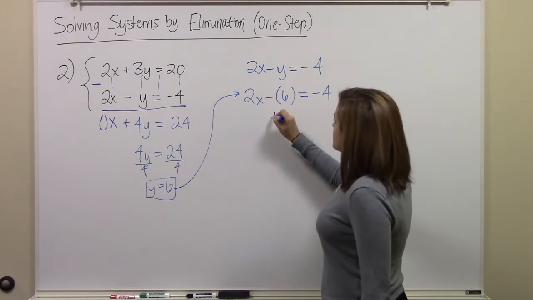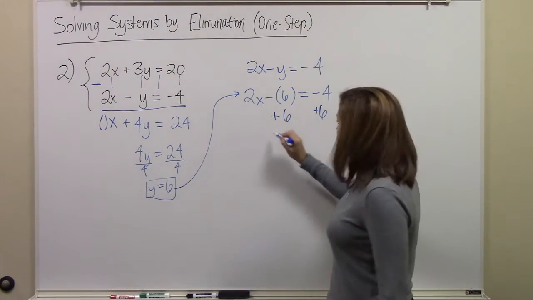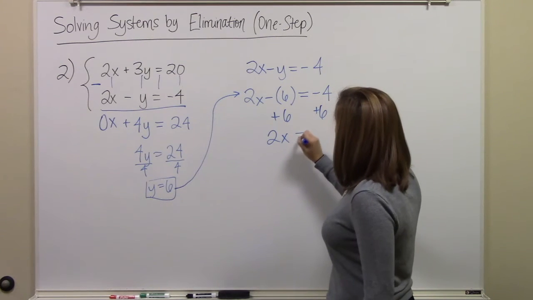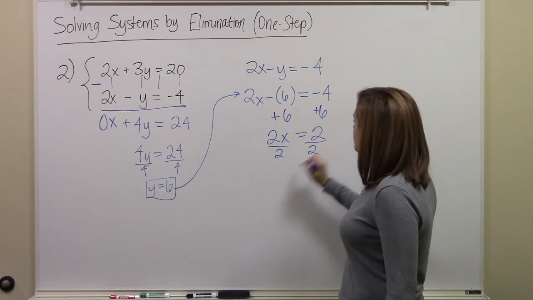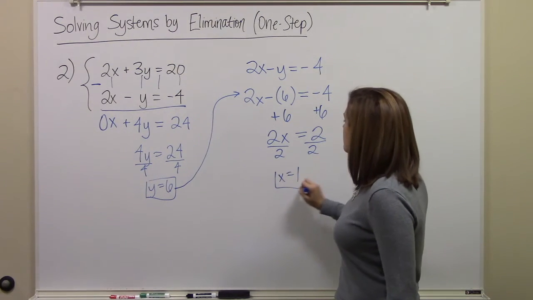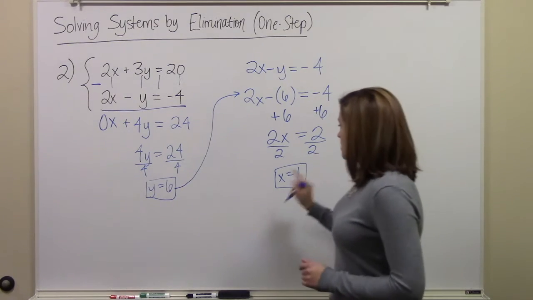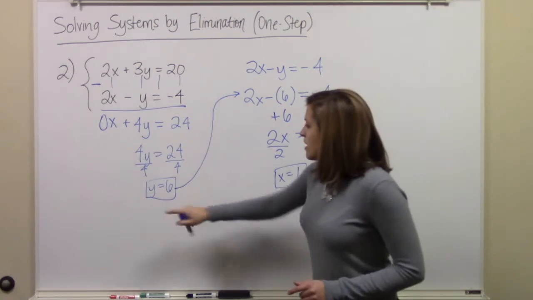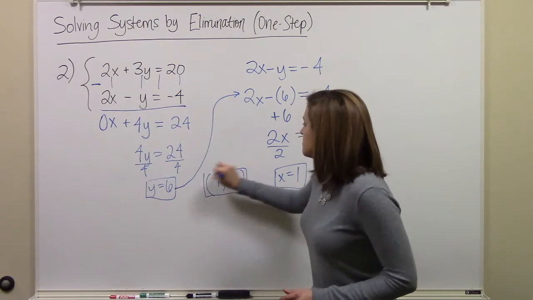Now I can add 6 on both sides because what I'm trying to do is solve for x, and I'll find 2x equals 2, and I divide by 2, and I get that x equals 1. And since we want our answer in a coordinate pair, this is going to be x equals 1, y equals 6. We're going to have (1, 6), and that's our solution.